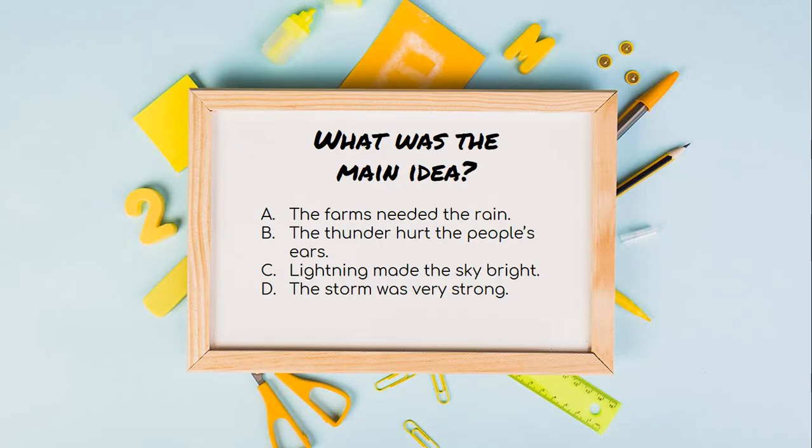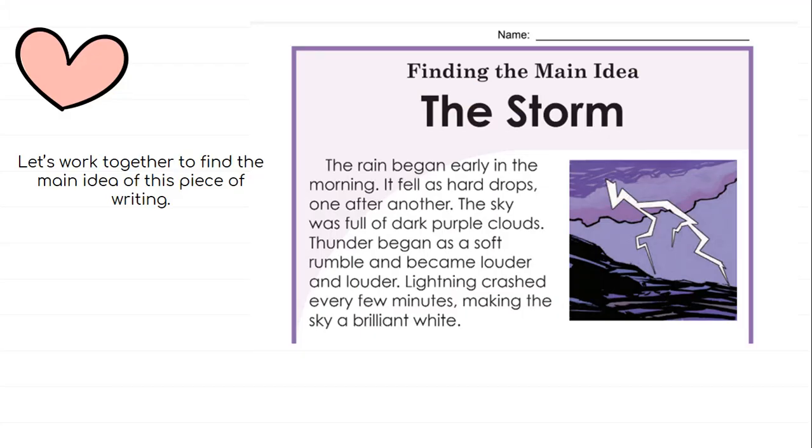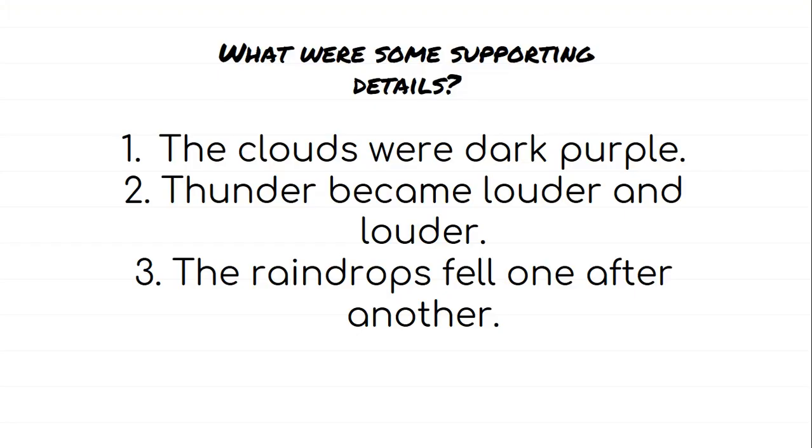Okay? So, was it that the farms needed rain, the thunder hurt the people's ears, the lightning made the sky very bright, or that the storm was very strong? Okay, and hopefully you have picked D, which is the storm was very strong. And we can see this because the title is called The Storm, okay?